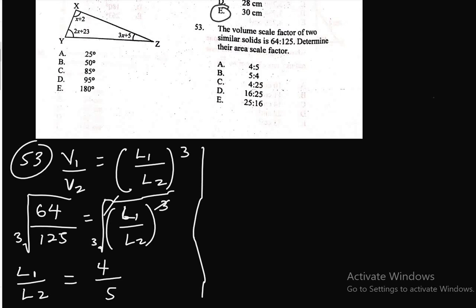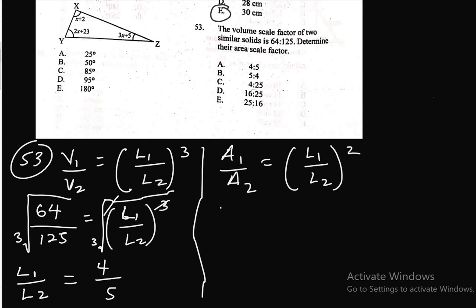Now we have the linear scale, and we got it from the volume scale. Remember, the idea is to get the area scale. The area scale, A1 over A2, is equal to the square of the linear scale. Now you know why we have to solve for the linear scale first.